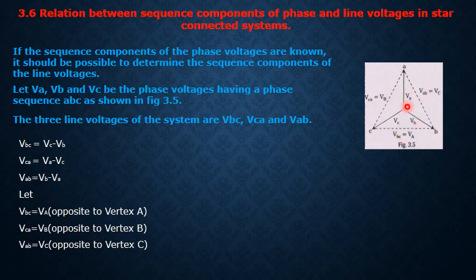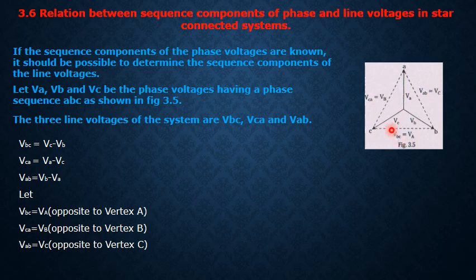The voltage between phases A and B is nothing but VAB. This is the line voltage VAB, and the voltage between points A and C is nothing but VCA. And the voltage between points C and B is nothing but VBC.